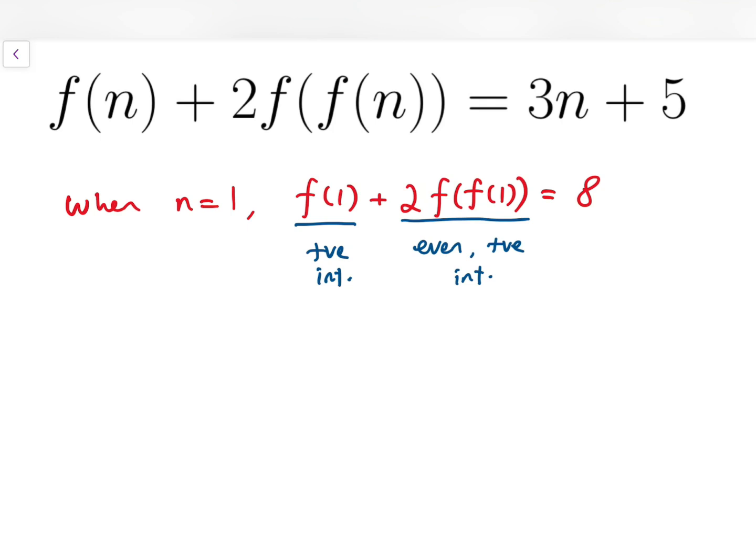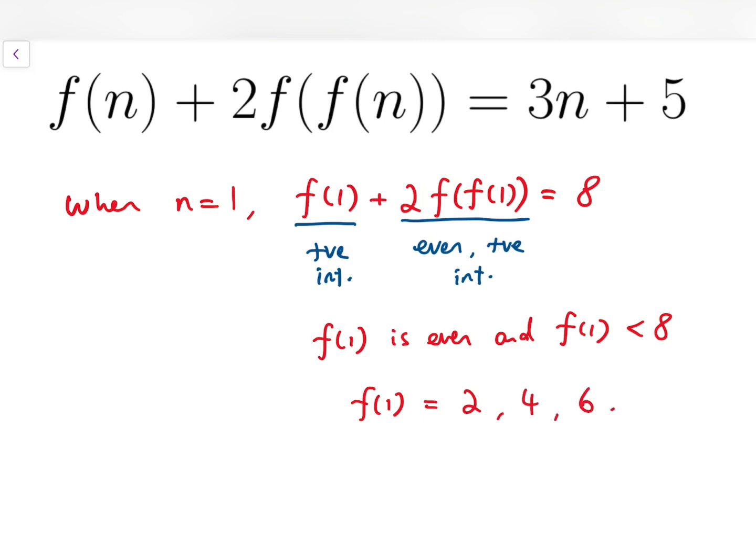So from this we can say that f of 1 is even and f of 1 is less than 8. And that means we only have 3 cases to consider, which is f of 1 equals 2, 4, or 6. So let's see what happens when f of 1 equals 6.